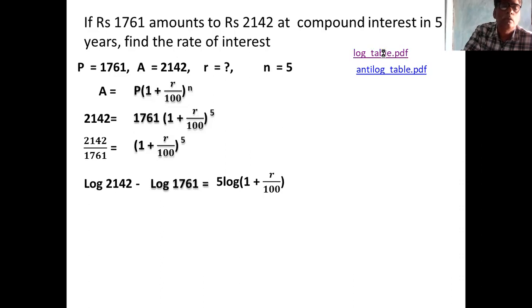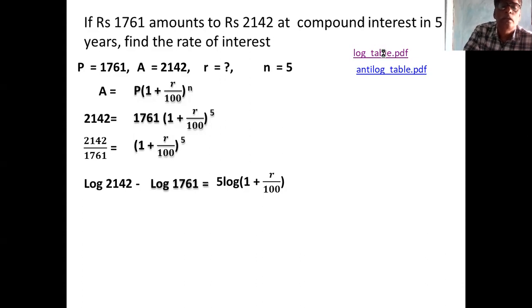Twenty-one, fourth column. What is the number? 3308. 3304 is the Mantissa column. And in the mean difference, there is 4. 3304 plus 4 is equal to 3308.